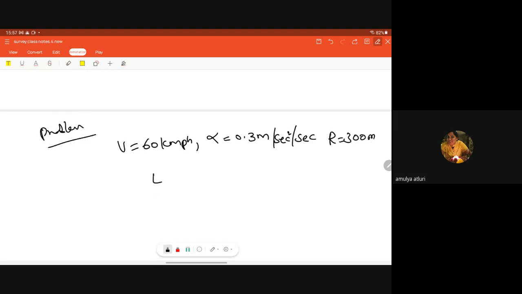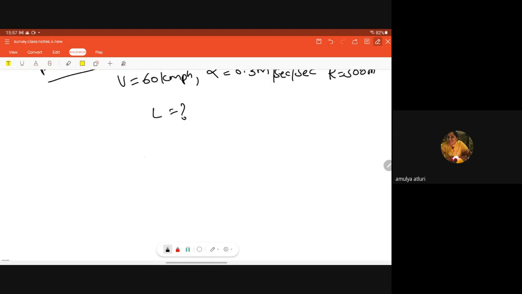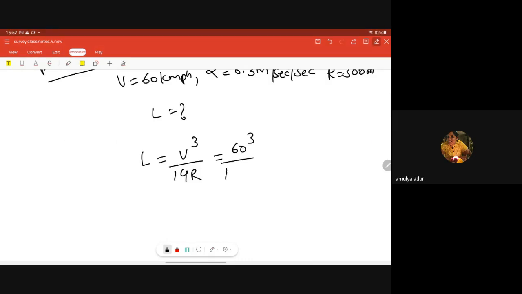How do we calculate length of transition curve? From that formula, it is nothing but V cube by 14 into R, right? So 60 cube by 14 into 300. So your value is 51.43 meters. Like this we will deal.